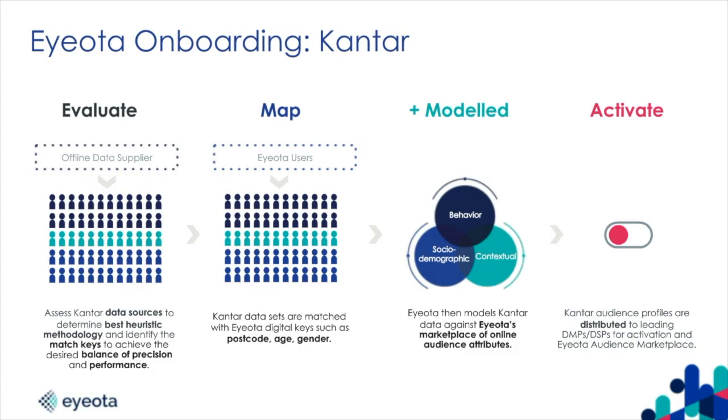Then those digital keys, such as postcode, age, gender, are used to onboard this data, and it is modeled against Eyeota's online marketplace, overlaying Kantar's attributes to our online user profiles. Finally, those audiences are pushed into all major DSPs and DMPs for you guys to utilize for modeling, insights, and programmatic activation.